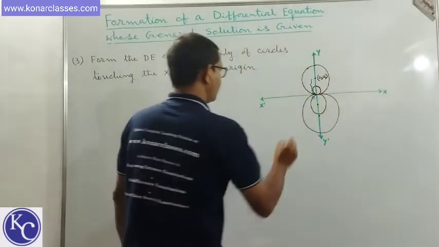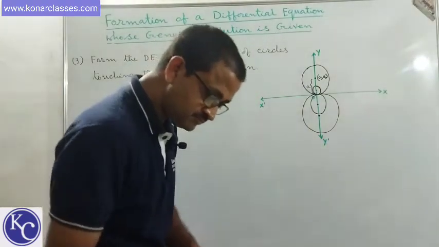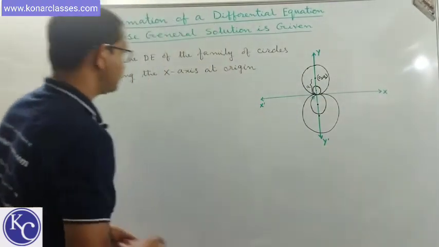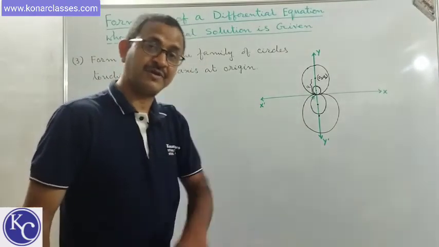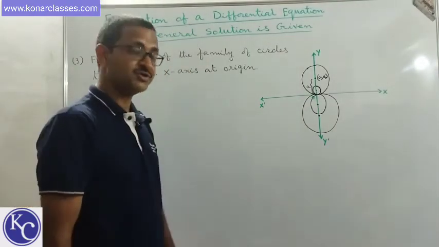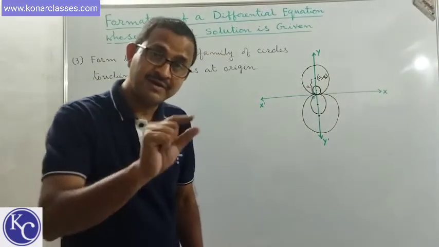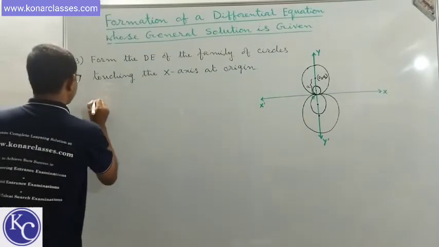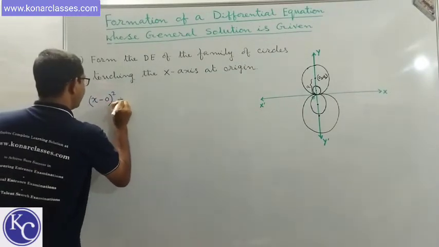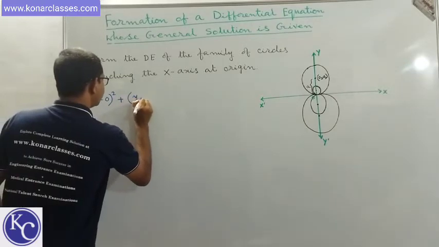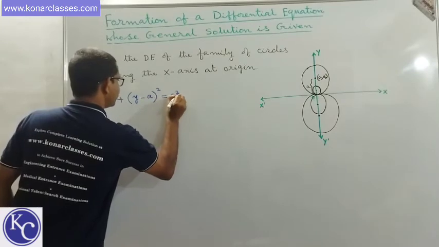From this information, we can write down the equation of the circle by applying the concepts we learned in class 11. What is the equation of a circle having center at the point (0, a) and radius a units? x minus 0 whole square plus y minus a whole square is equal to a square.